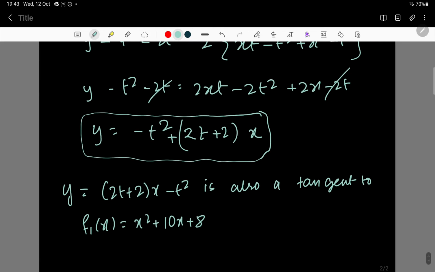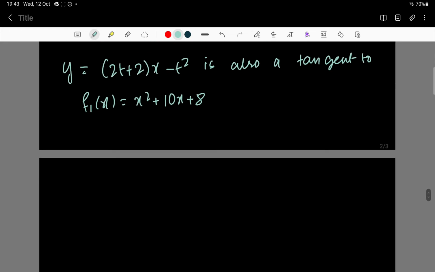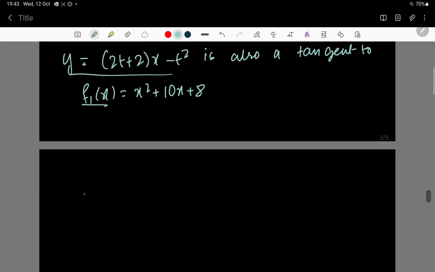Yes. So what we can do now, very simple, this is also equal to y and this is also equal to y, so we can directly replace the value of y as 2t plus 2x minus t square equals x square plus 10x plus 8.